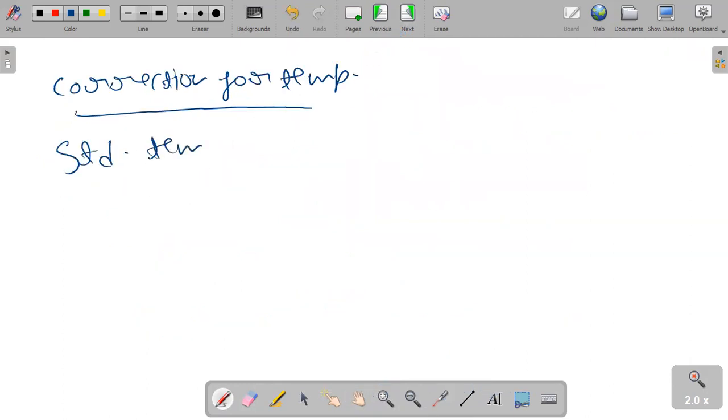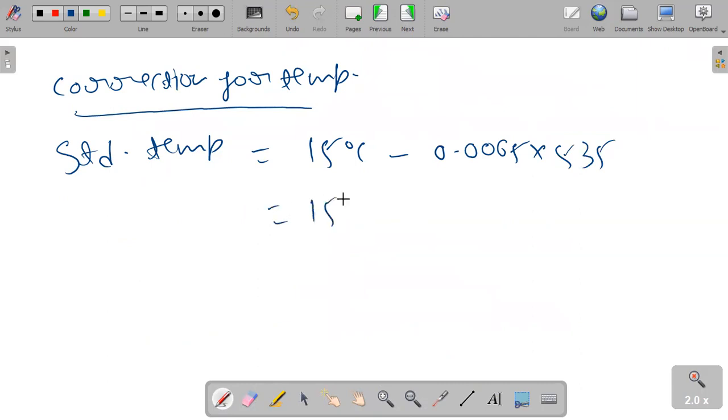The formula for that is 15 degrees Celsius minus 0.0065 multiplied by the elevation, which is 535. 0.0065 multiplied by 535 is 3.4775.